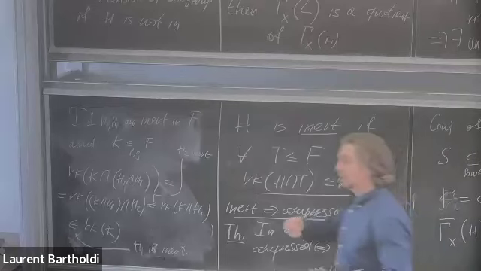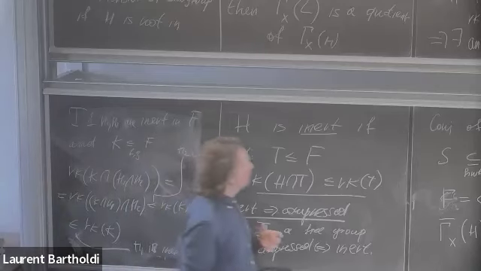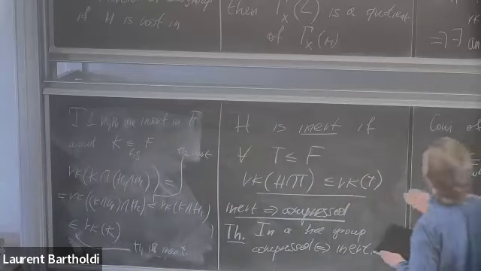And on the other hand, if you try to construct an algorithm to decide whether a subgroup is inert, we do not know how you can do it by looking at the diagrams of the subgroup.